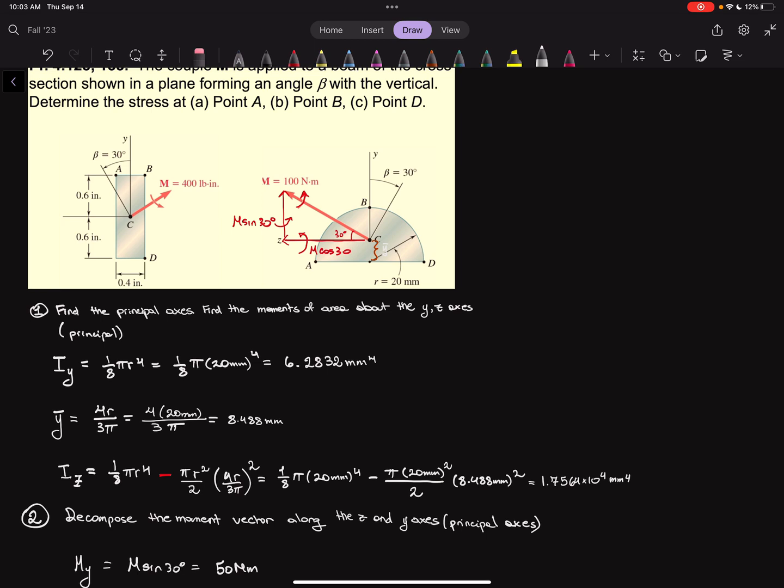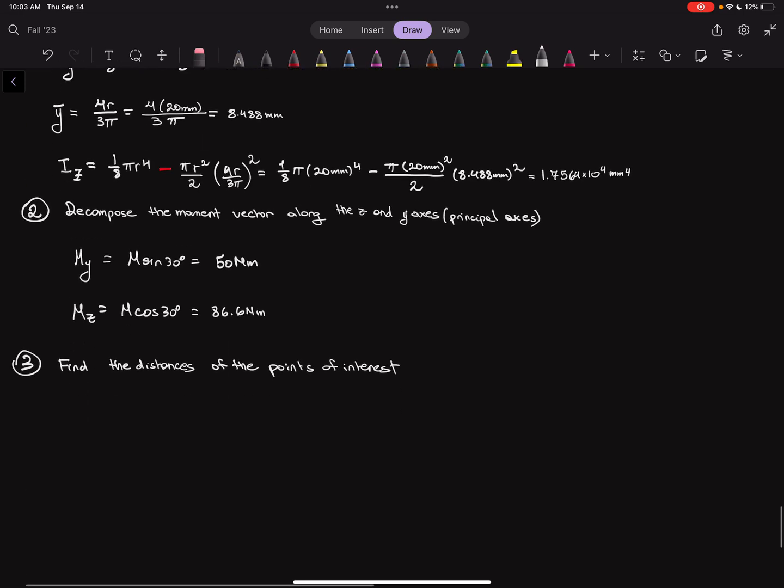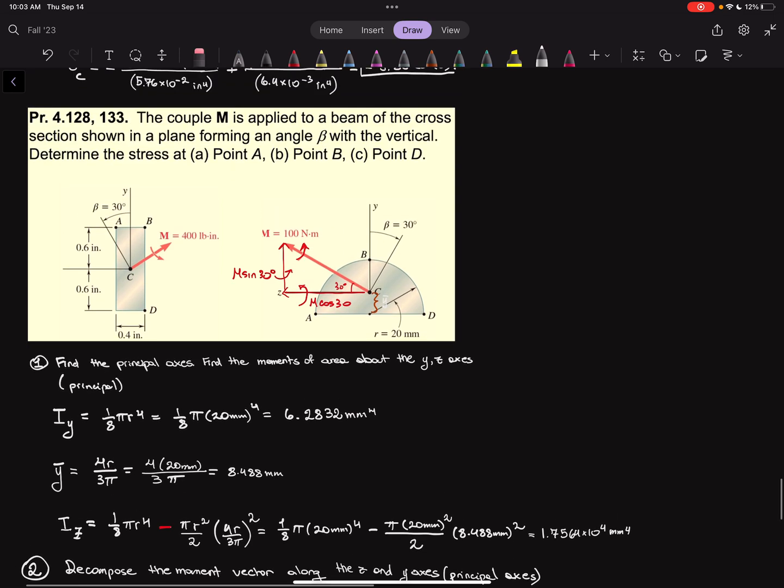So I'm going to ask you a question. How far is A from the z-axis? Well, that y distance that we found earlier, 8.488. So YA is 8.488 millimeters.